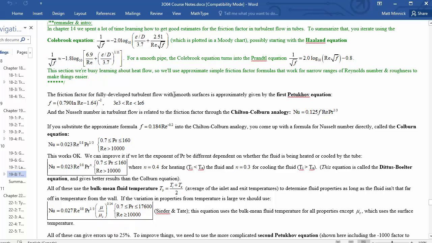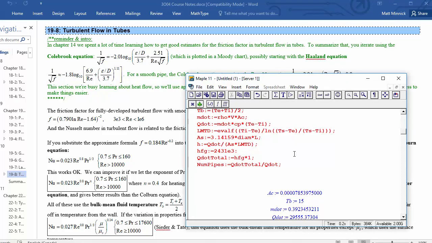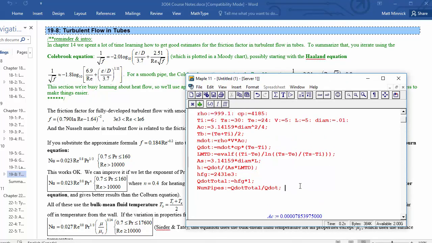So the separate way to calculate the convection coefficient would be first to figure out the Reynolds number, which would be the density times velocity times diameter over the viscosity.